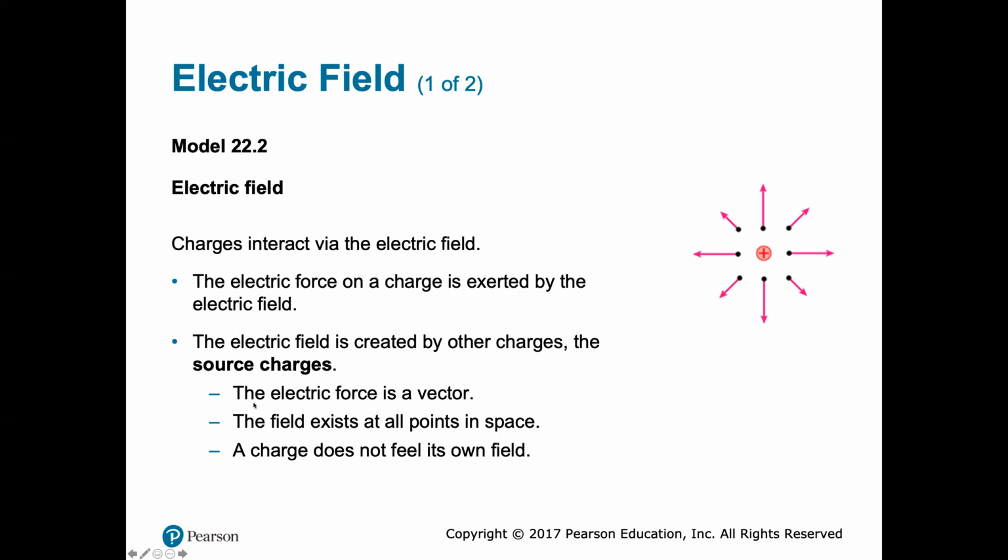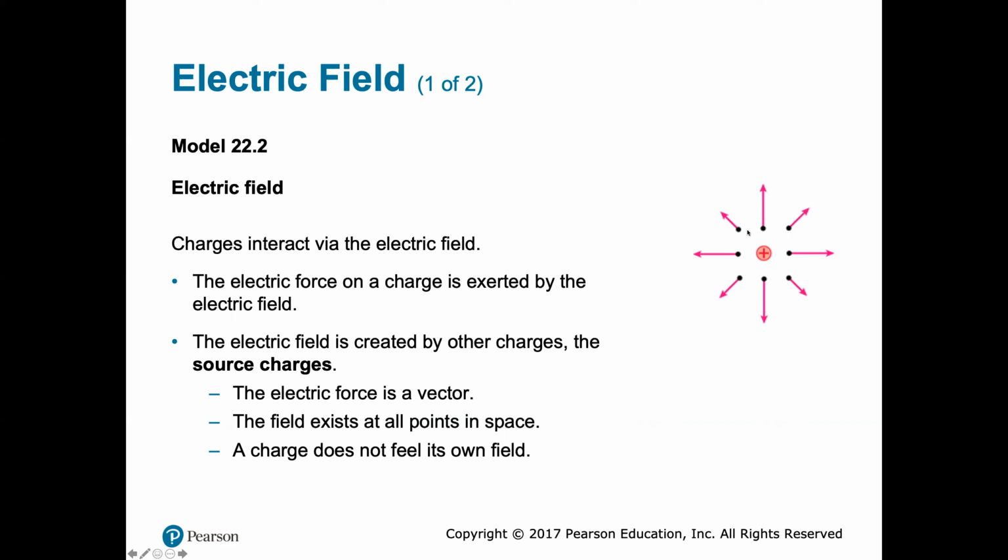It has some features. Here are three features. The electric force is a vector. Therefore, the electric field is also a vector. The field exists at all points in space. Here we take 8 points as our probe points to collect the direction and magnitude of the field.